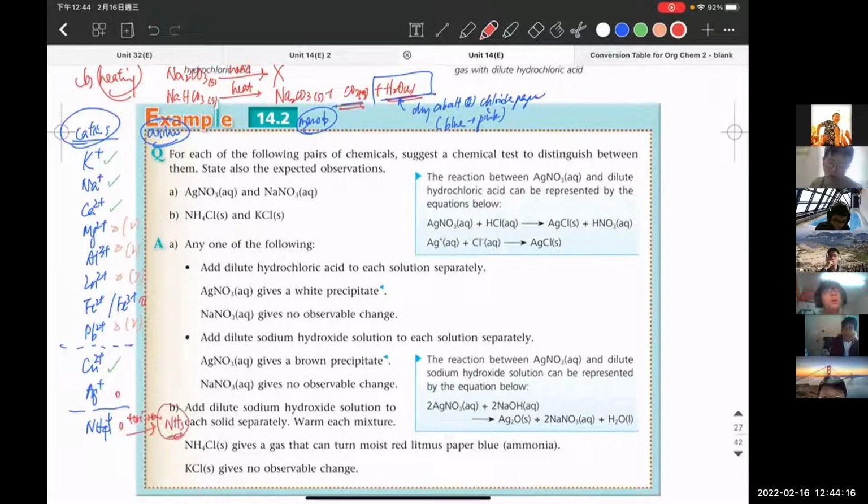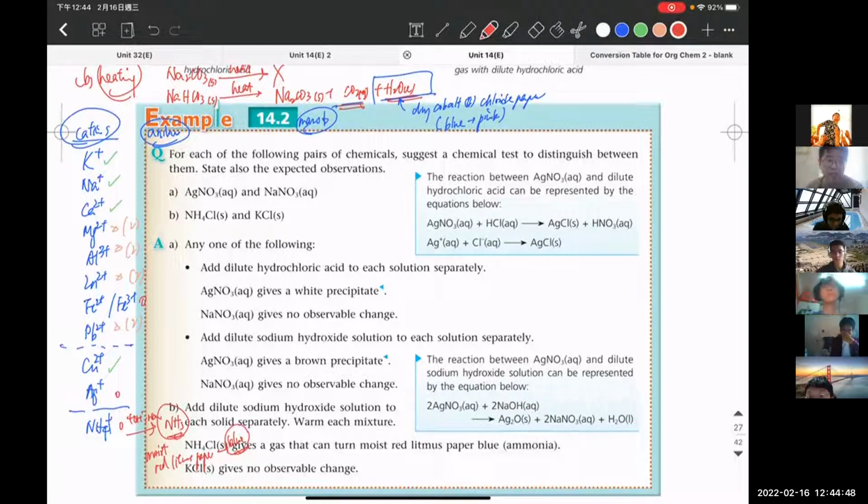So what you need to do is to test for the presence of the gas, ammonia, an alkaline gas, by using what? Moist blue litmus paper, and I turn it to red. And I do it in another way around: a red litmus paper, I turn it blue. And it's the only alkaline gas that you know. A pungent smell comes out, right?